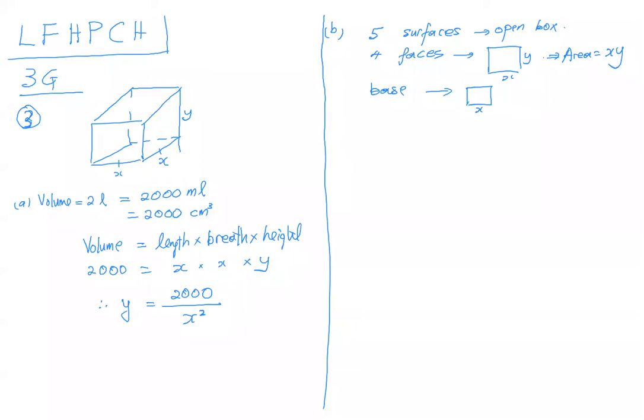x times x. So the area will be x squared. So therefore, the total surface area will be x times y plus x squared. Am I right?